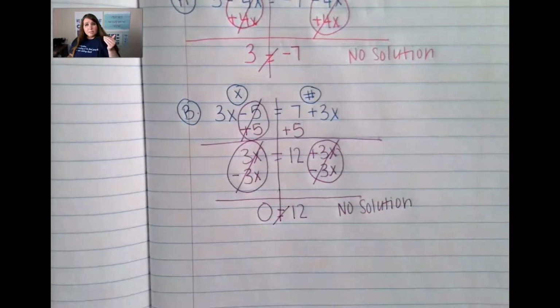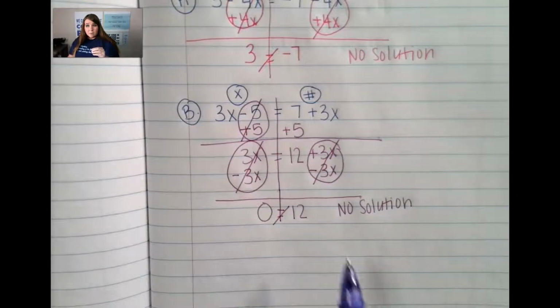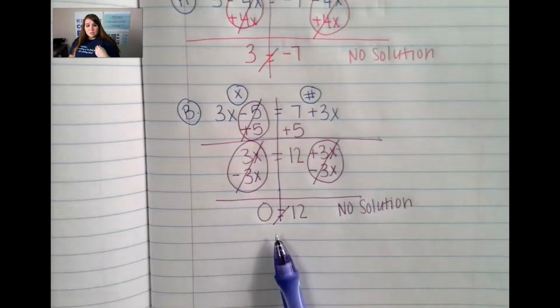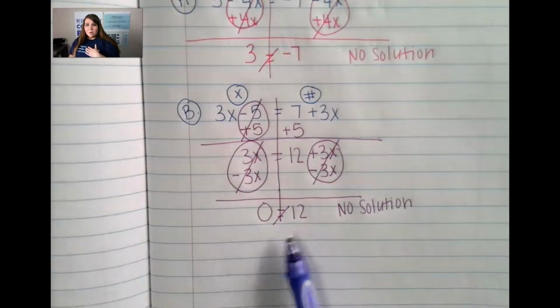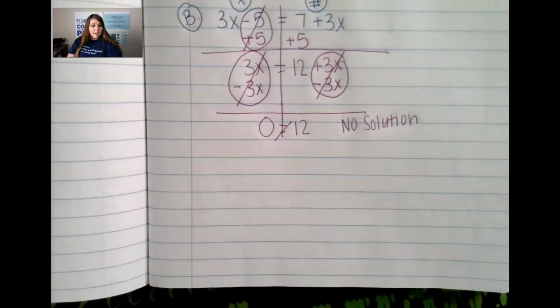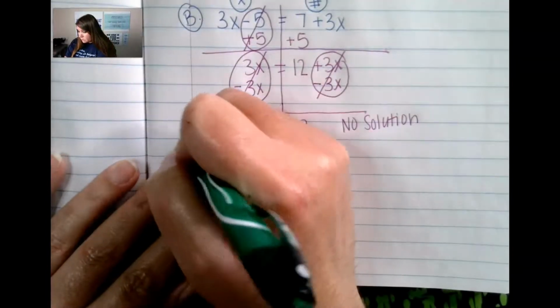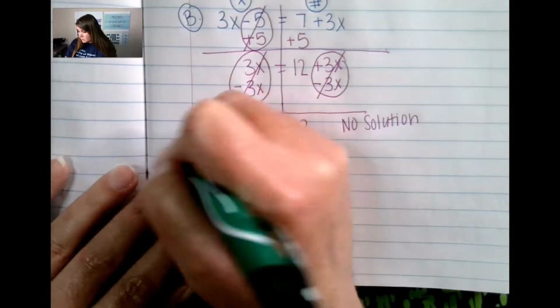The last couple days, we saw one solution where the variable equaled one specific number. Here we have no solutions because the sides don't equal each other. Now what I want you to do is your try-its for this type of problem.